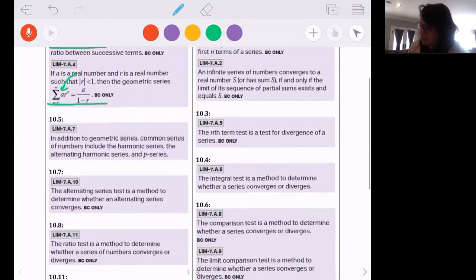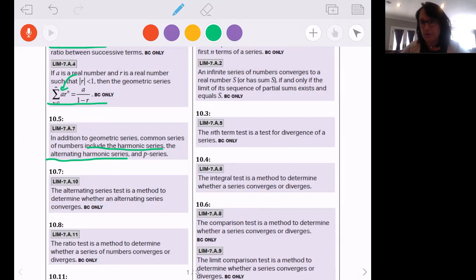We need to know our harmonic series that diverges, the sum as we go from 1 to infinity of 1 over n. We need to know that the harmonic series in the presence of an alternator will converge because the limit as n goes to infinity of 1 over n equals 0, so the alternating series test makes that one converge.